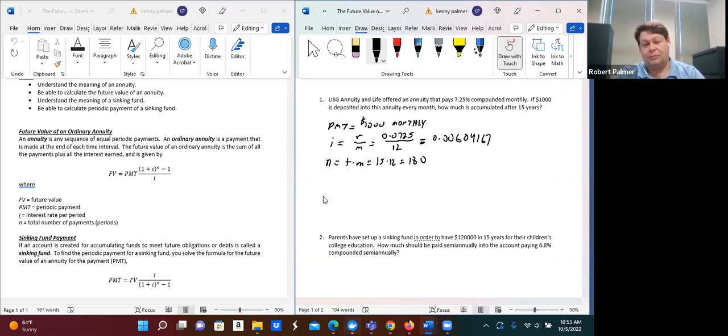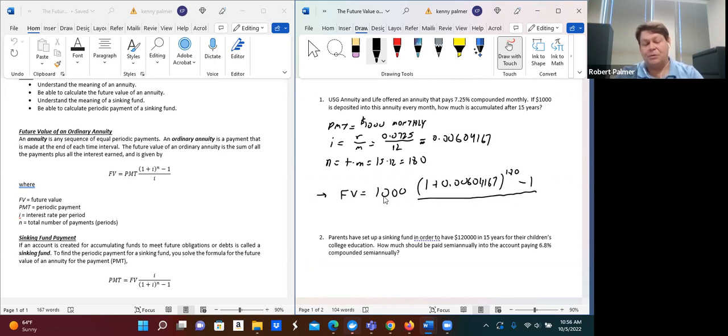So then the future value is going to be 1,000, just plug everything in, times 1 plus I, which is 0.00604167, raised to the N, which is 180. This is minus 1, and then this whole thing.